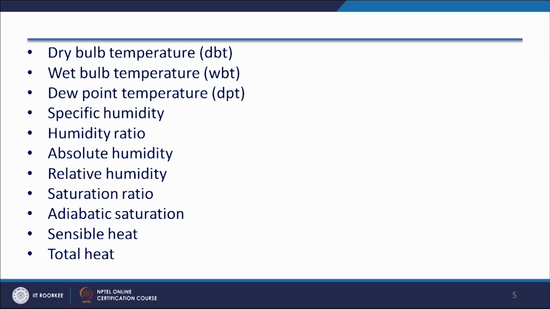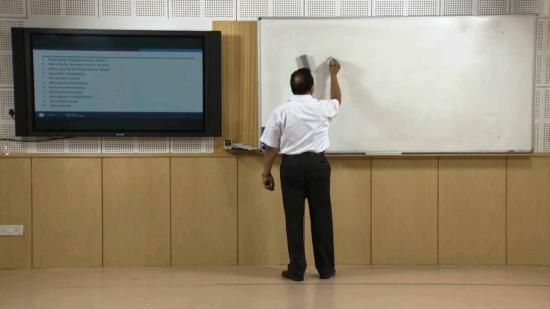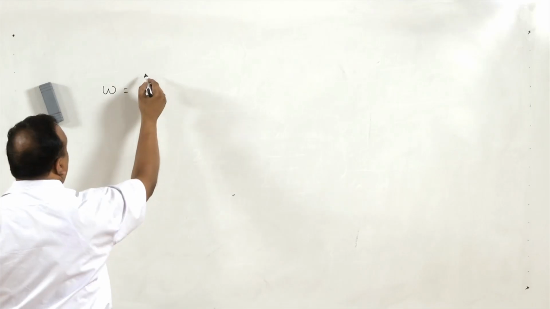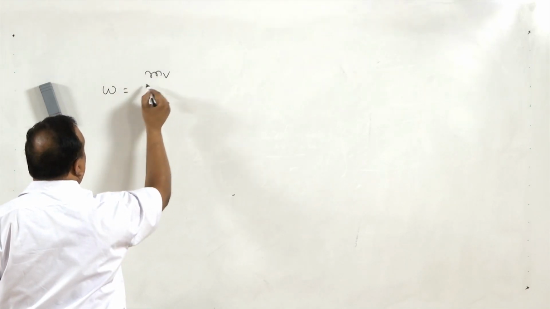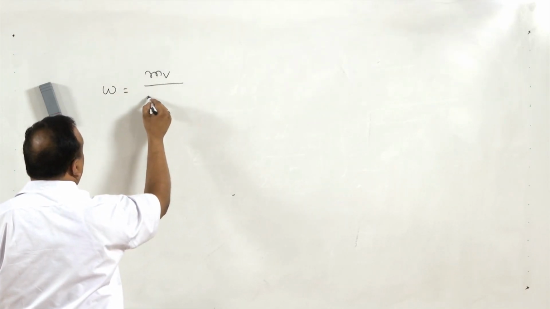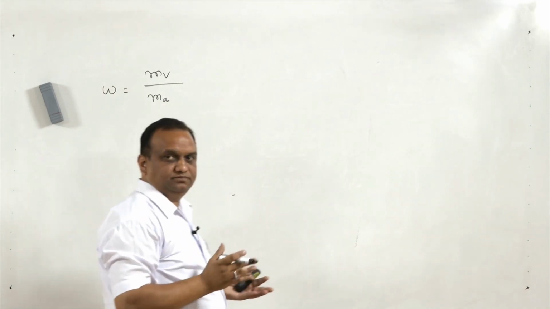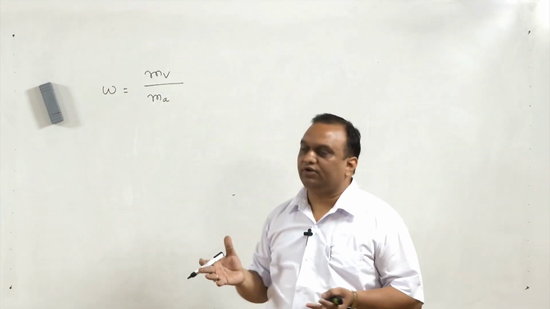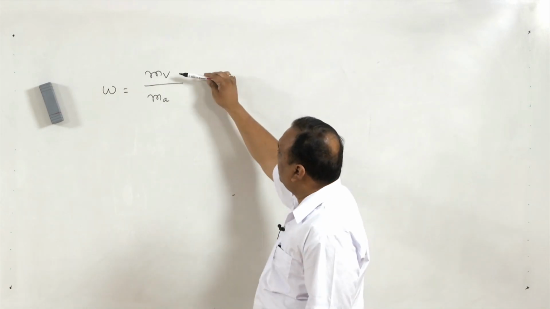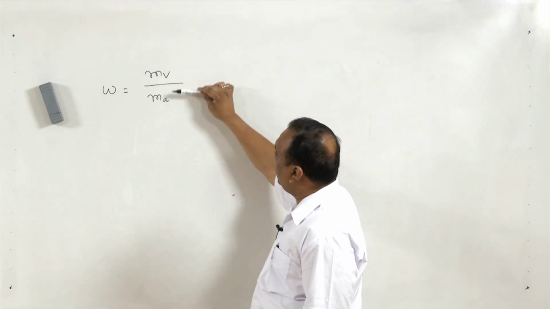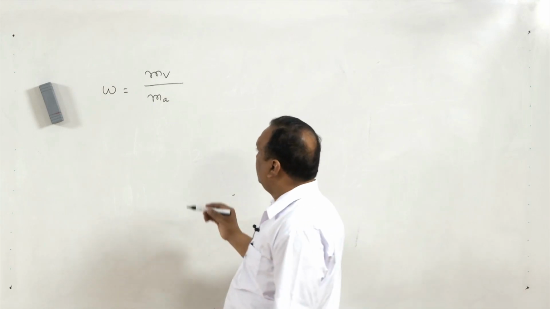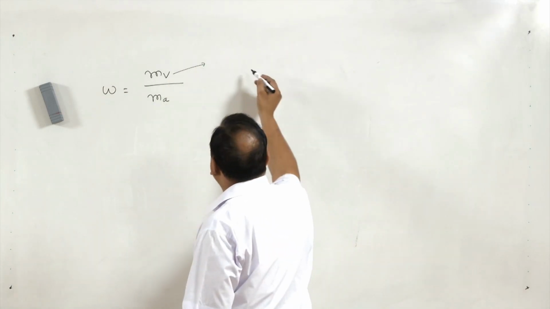So, now specific humidity. Specific humidity of the air is denoted by omega or W. It is the ratio of the mass of the vapor and the mass of the dry air in a given volume of air. Now, here we can always use the ideal gas equation.